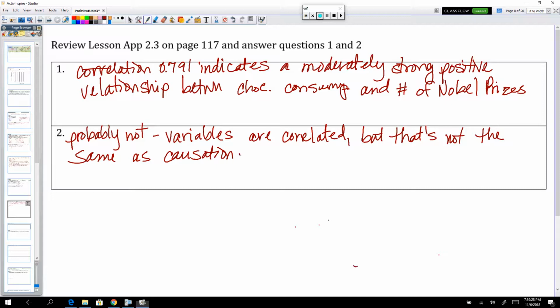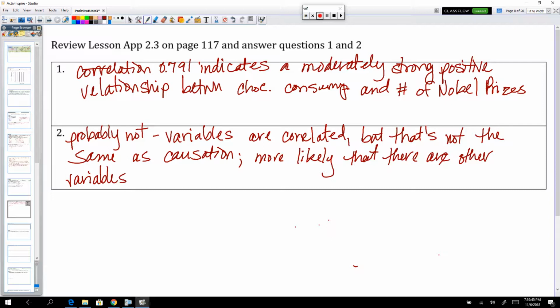What's probably going on? What did we learn about during experiments? It's more likely that there are other variables, like income, education, etc. Right?